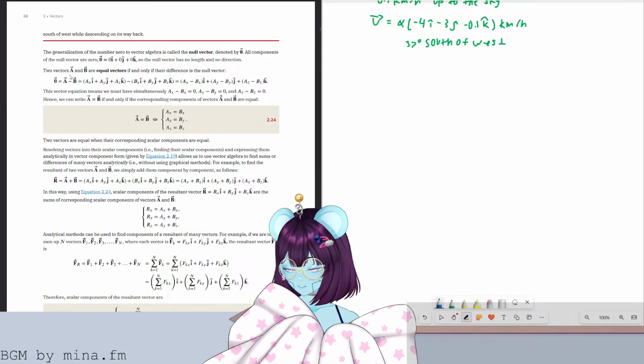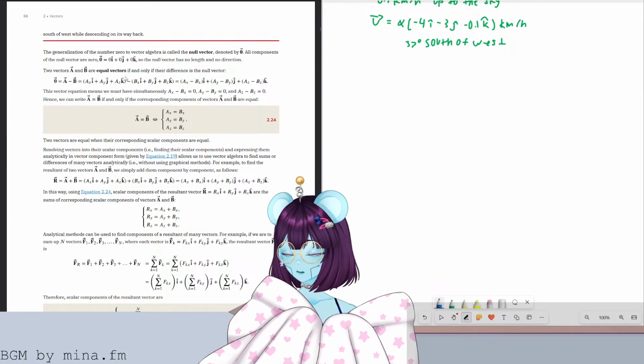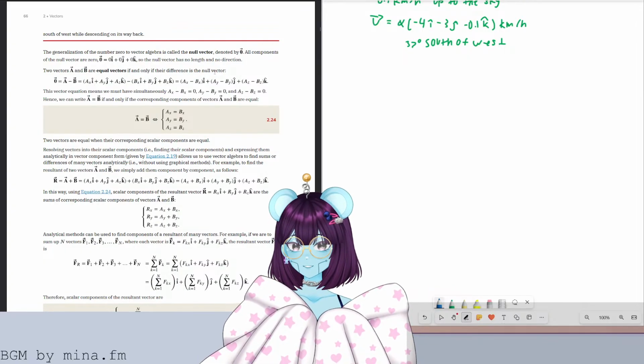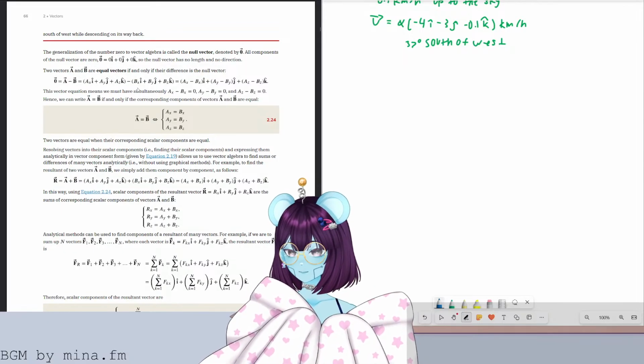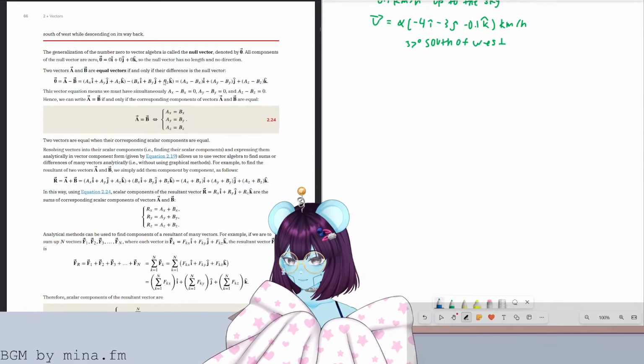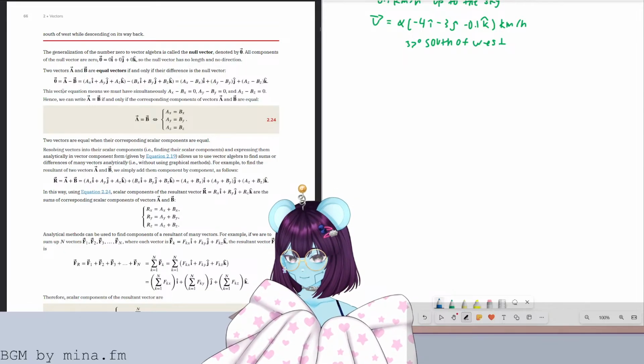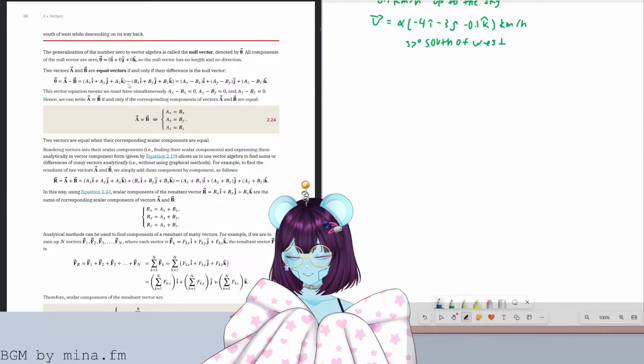The two vectors a and b are equal vectors if and only if their difference is the null vector. So if we subtract the two vectors and their resultant is equal to a null vector, then that means they are equal vectors.